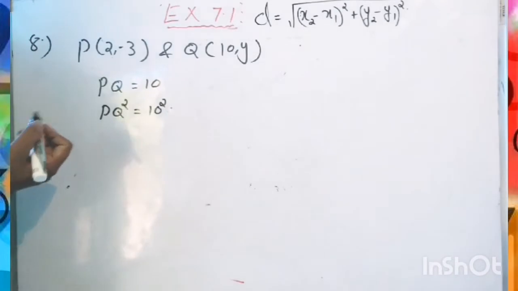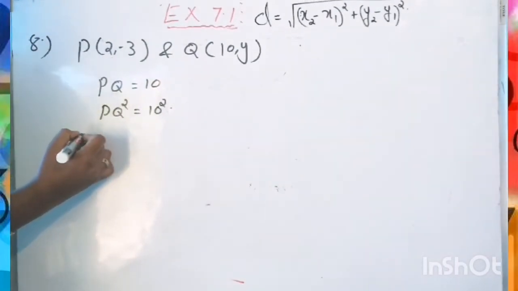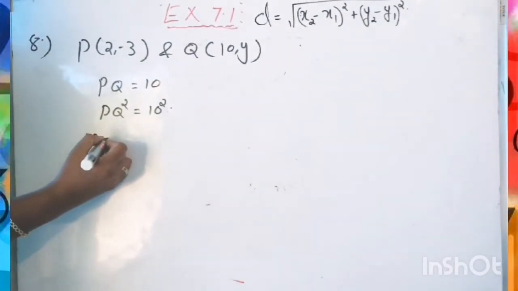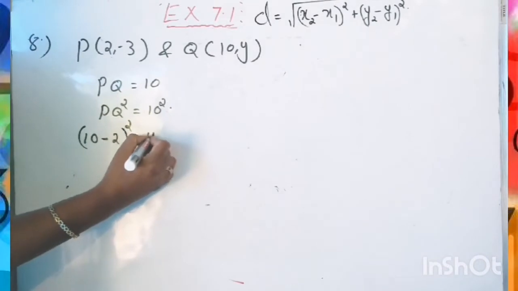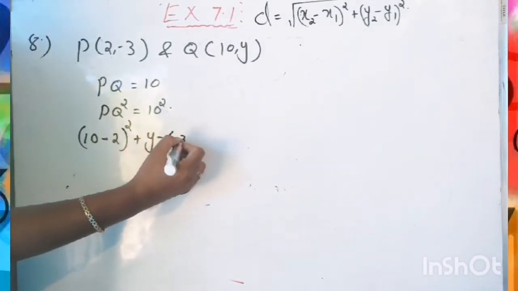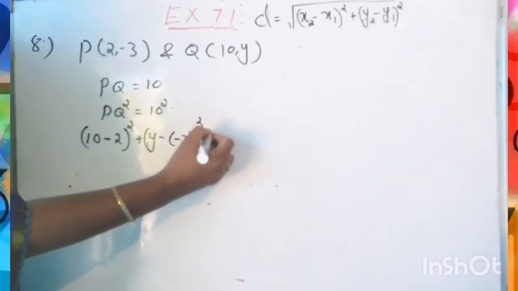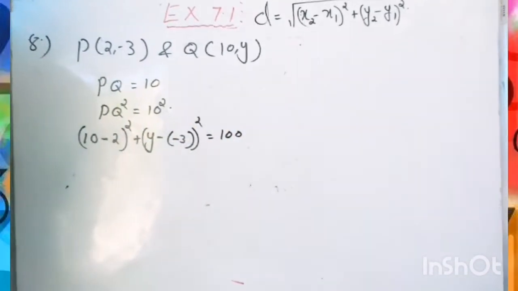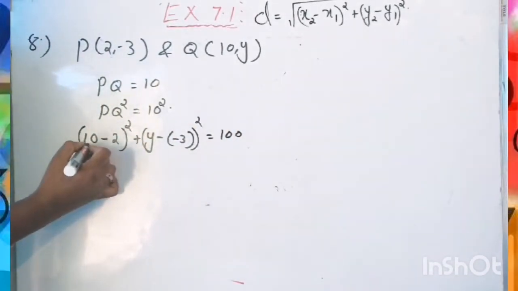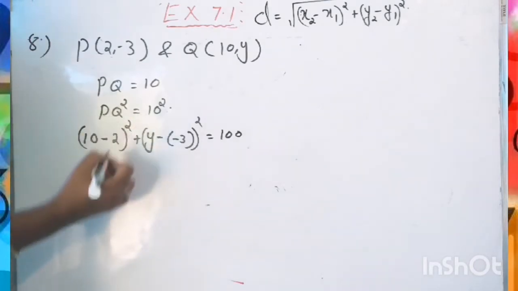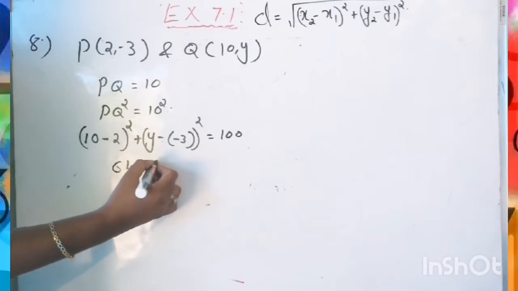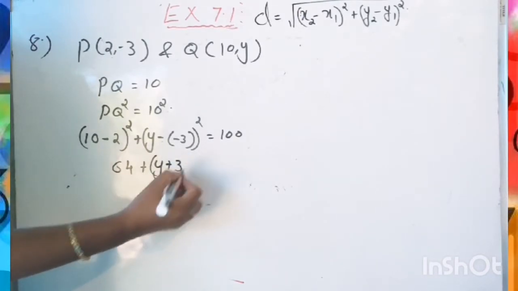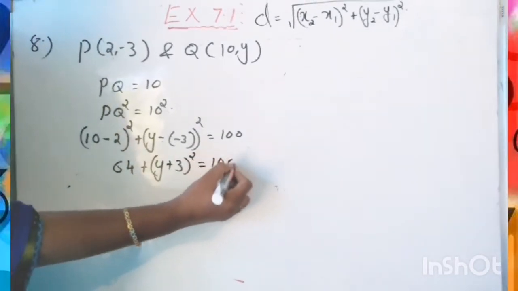Now PQ square is x coordinate of Q minus x coordinate of P all square plus y coordinate of Q minus y coordinate of P all square is equal to 100. 10 minus 2, 8. 8 square is 64 plus minus minus become plus. So y plus 3 all square is equal to 100.